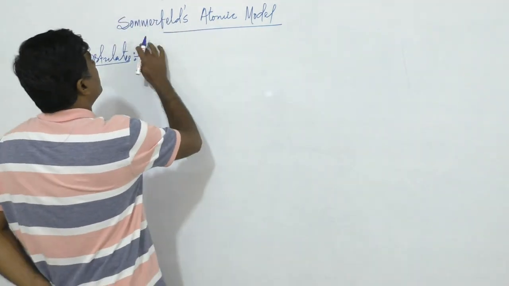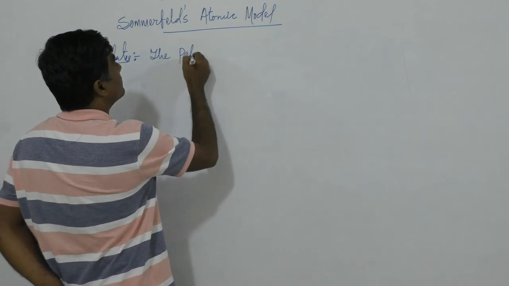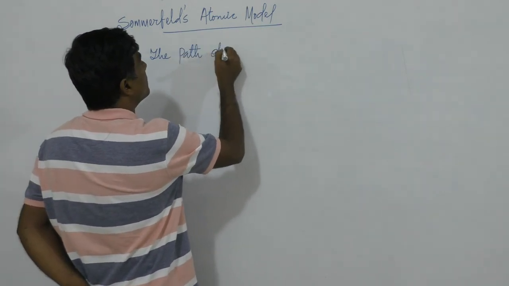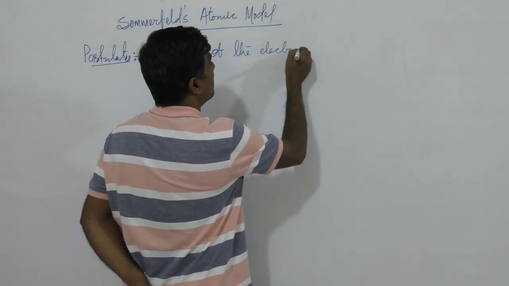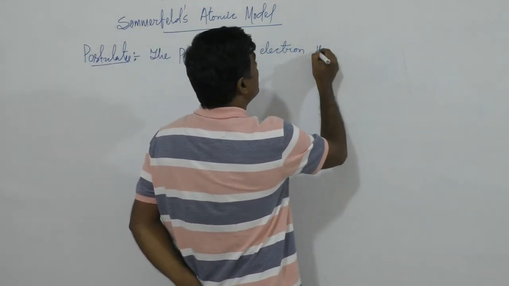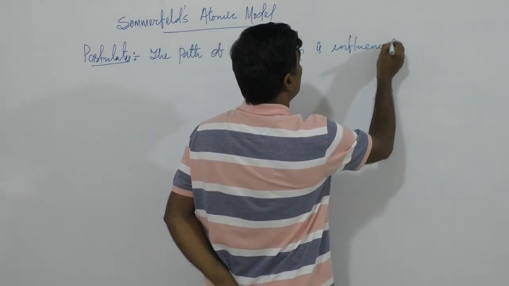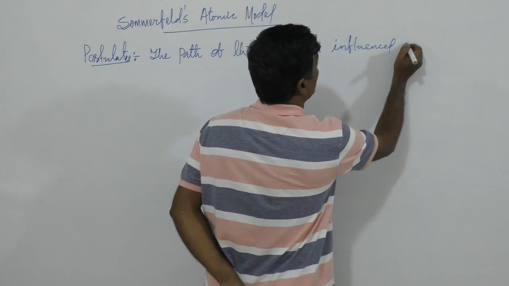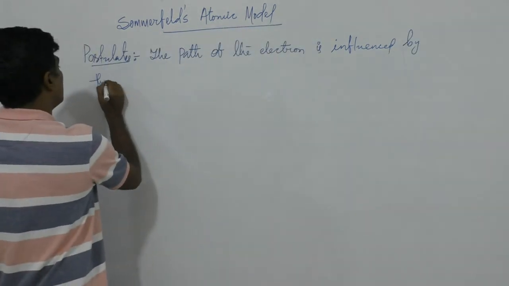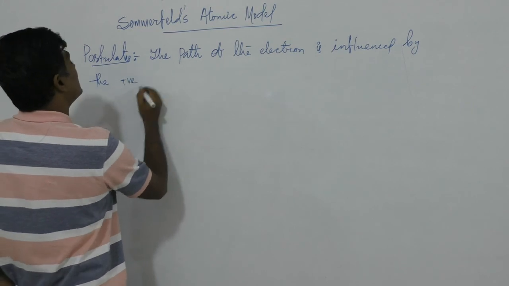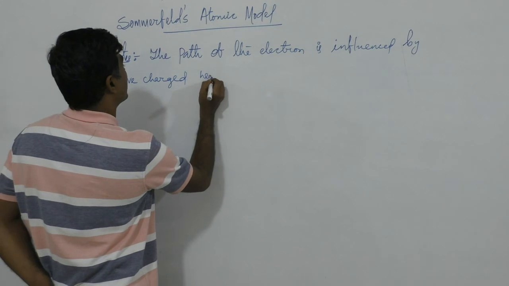So the path of the electron is influenced by the positively charged heavy nucleus.